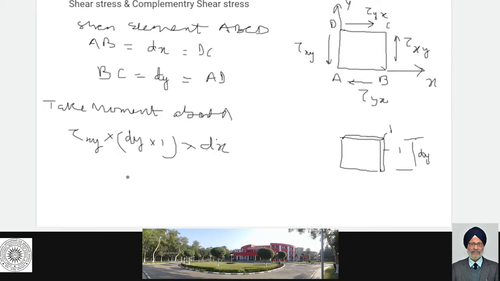This should be equal to tau yx multiplied by the area, which is dx into 1, multiplied by the distance from A. So the distance from A is dy.